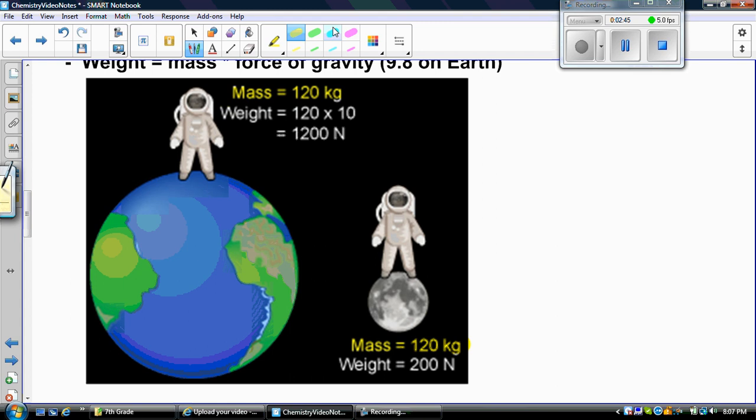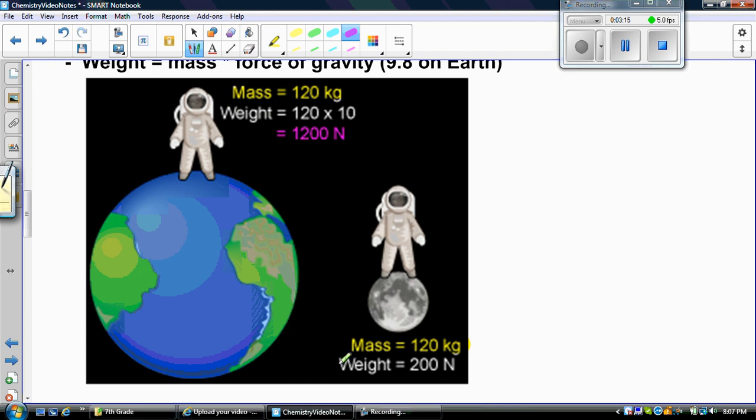Now, if you take the same person's weight on the Earth, the weight is 1,200 because we're going to take 120 and we just rounded up the 9.8 to 10. So that 9.8, which was the acceleration of gravity on Earth, round that up to 10, so 120, the mass, times the force of gravity. 1,200 newtons is the weight of the astronaut on Earth.